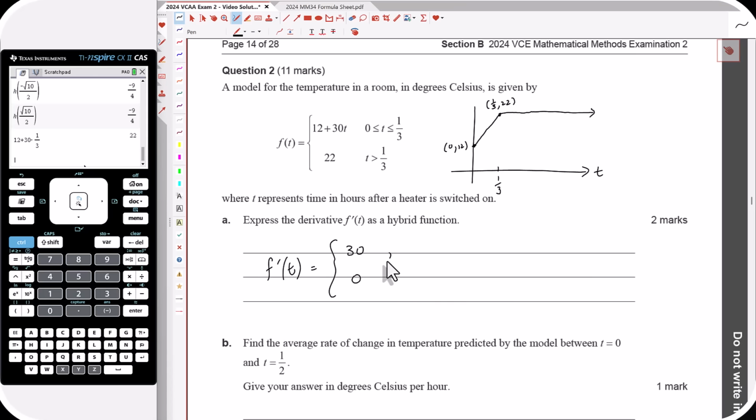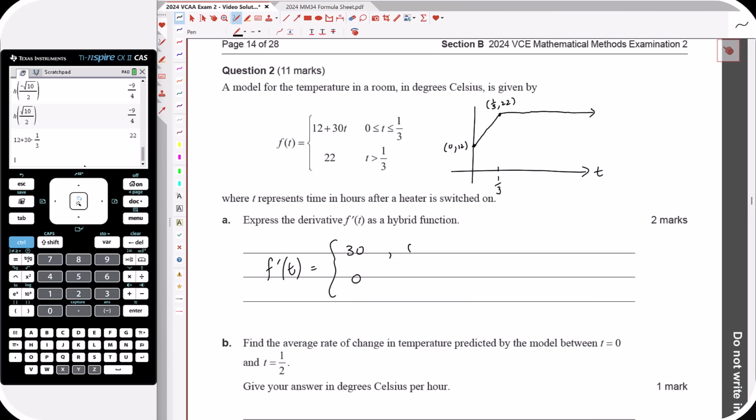So question 2. I've got it lined up to be able to show you on the screen. So we're looking at 2A. Yes, so they did accept 2 versions. Personally, I would say that the function is not continuous at its endpoint and therefore it's not differentiable at its endpoint.